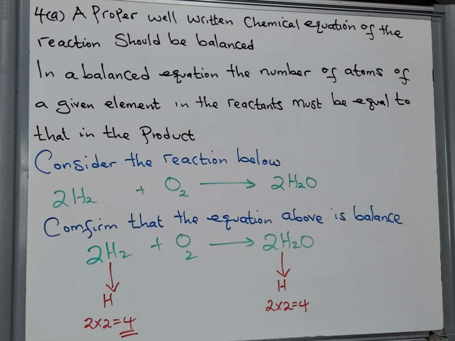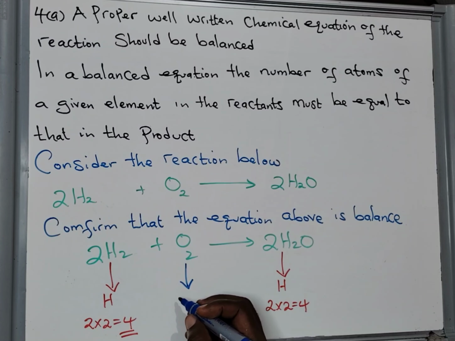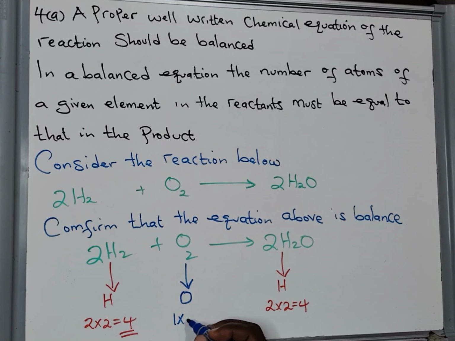Okay. Then we can go to another one. Let's go to oxygen. Okay. What do you have here for oxygen? Oxygen, it is O. And what do we have? The number is 1. So it's going to be 1 times 2. You get 2.